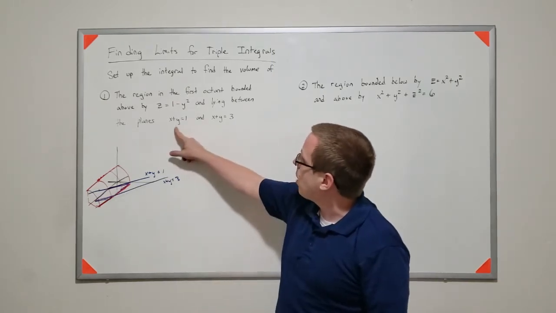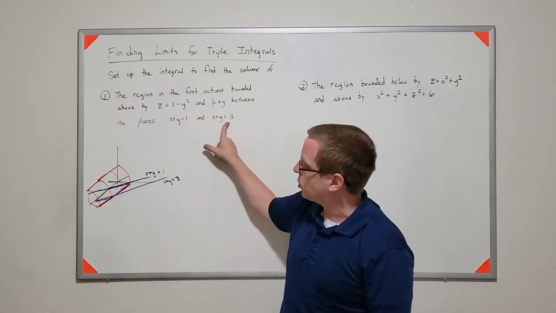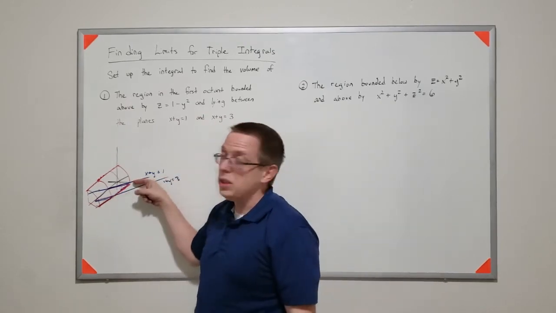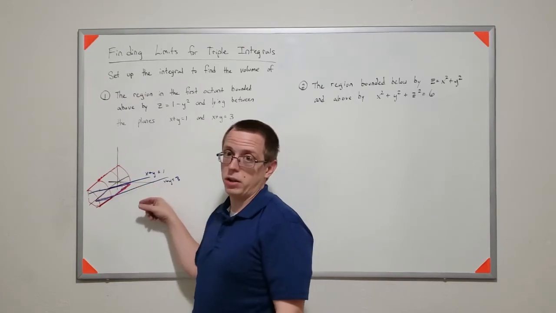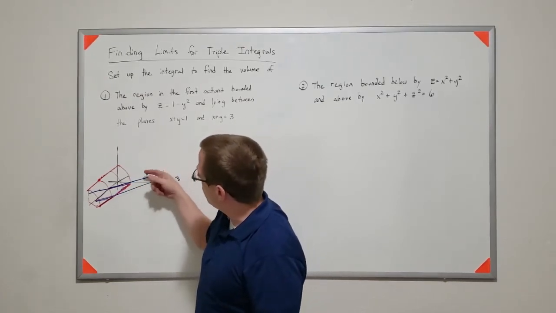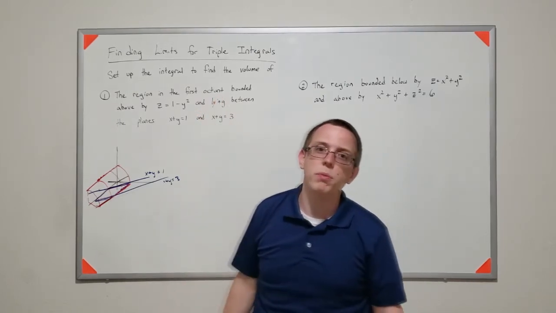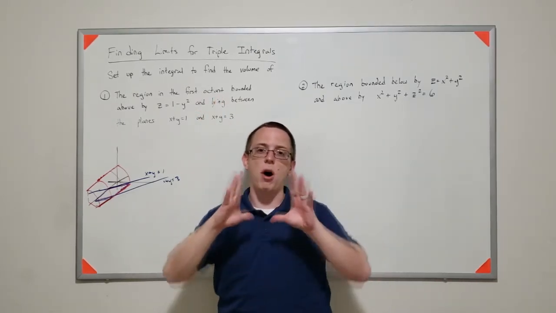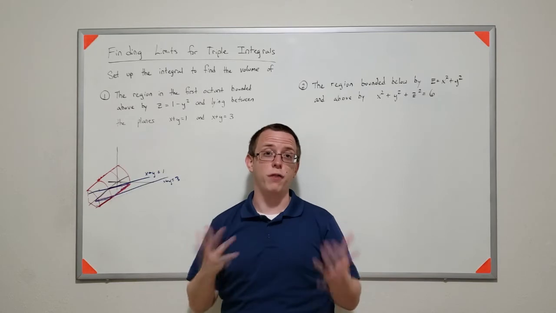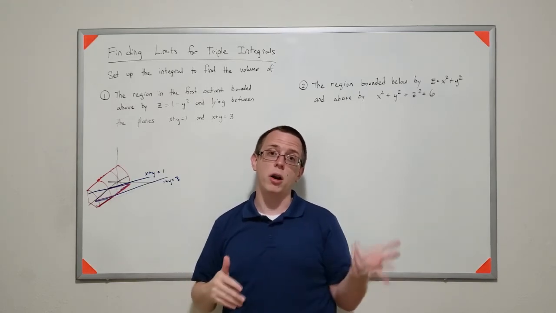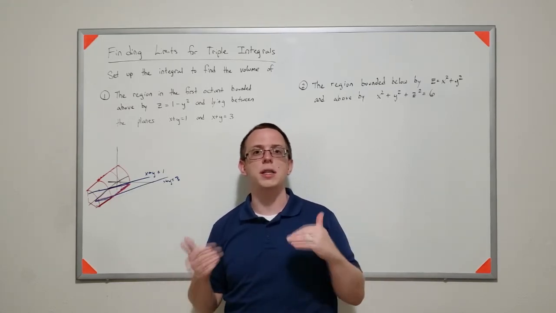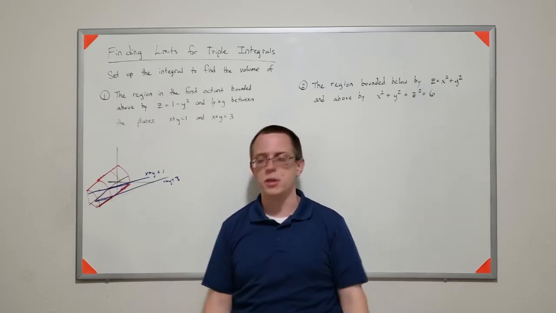And you have x plus y equals 1 and x plus y equals 3. These are supposed to be parallel lines, by the way, they sure aren't. But you also have this first octant. So what does that mean? The first octant means it's the positive case. Think of the first quadrant where x and y are both positive. In the first octant, x, y, and z are all positive.